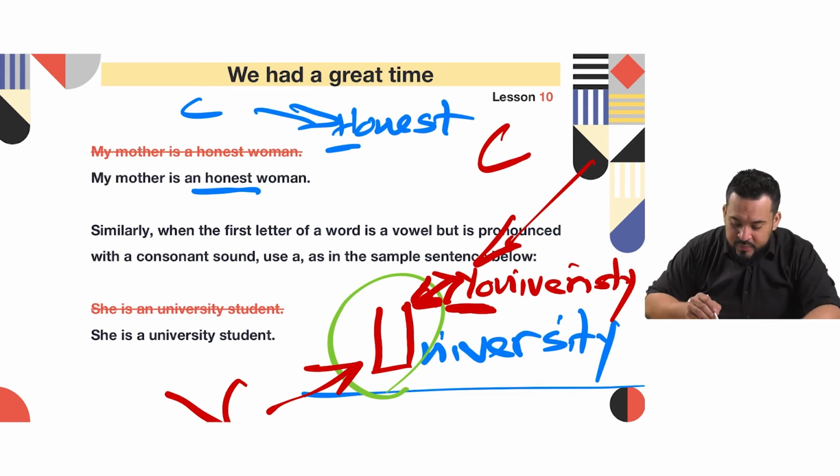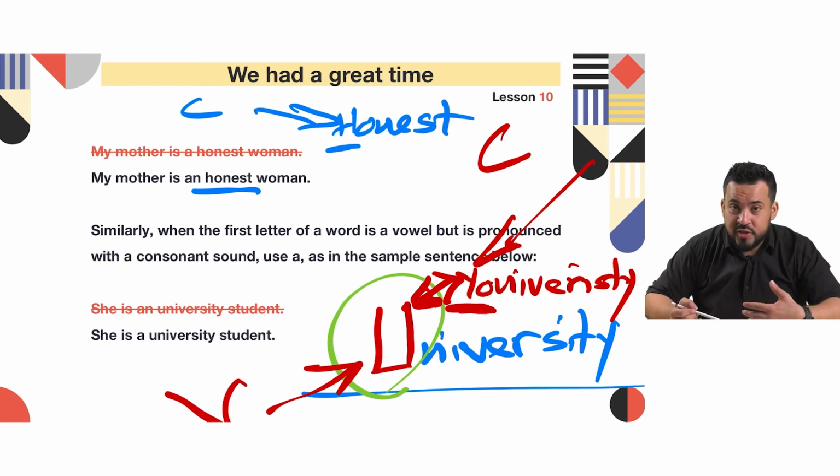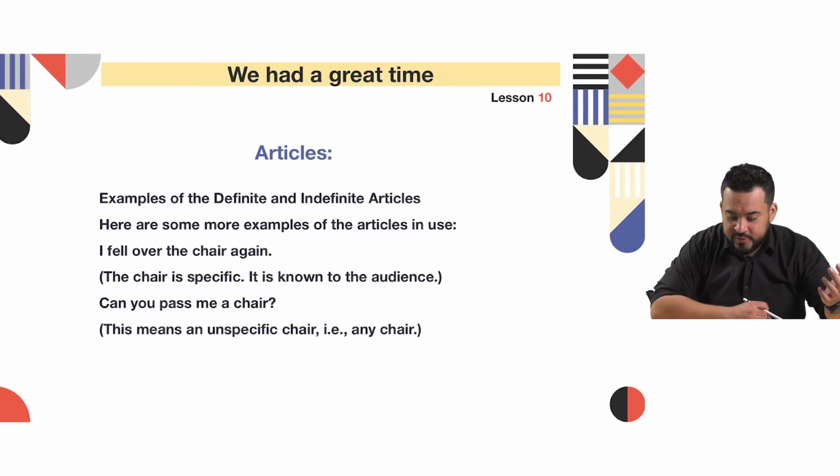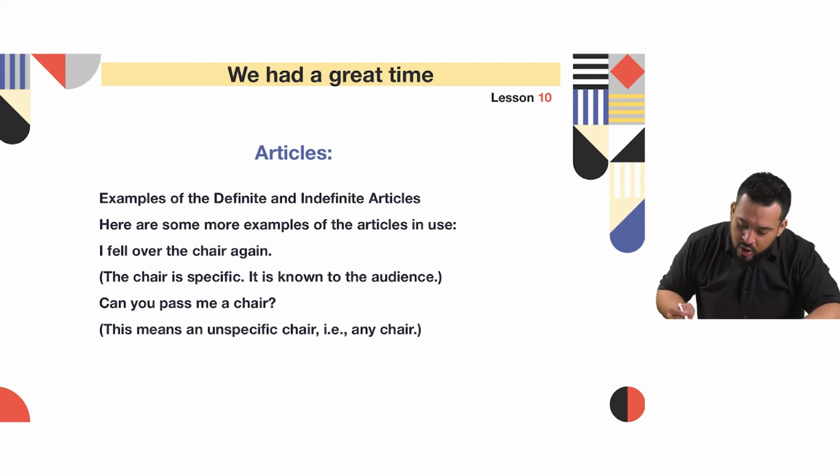So we will say, she is a university student. We won't say she is an university student. Okay? Let's take some examples of the definite and indefinite articles. Here are some more examples of the articles. I fell over the chair again.